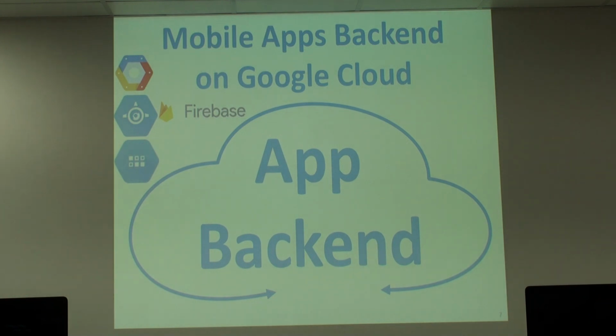There's platform as a service. There's software as a service. Right? Cloud service is mainly divided into three categories. Infrastructure as a service is like Compute Engine. It's like AWS EC2.